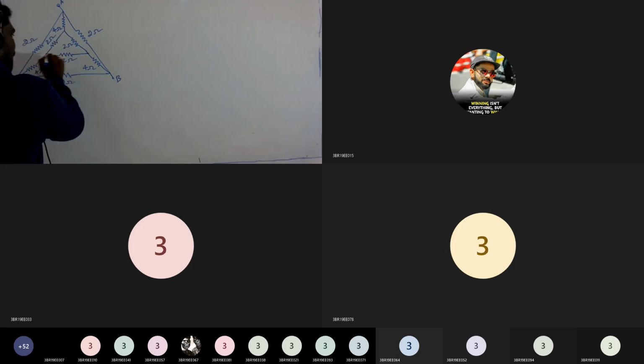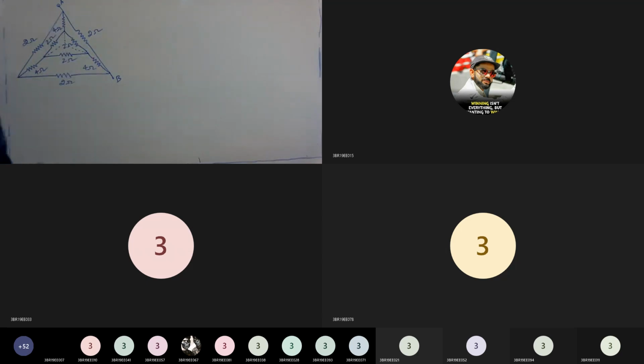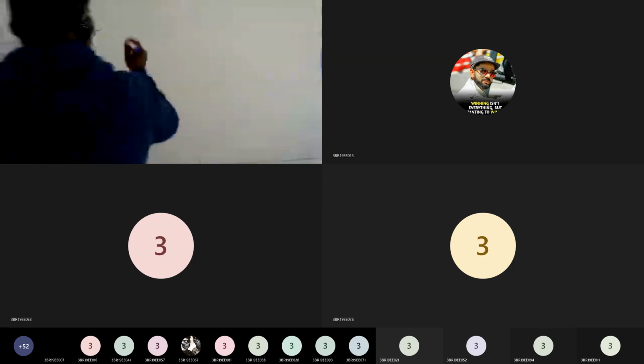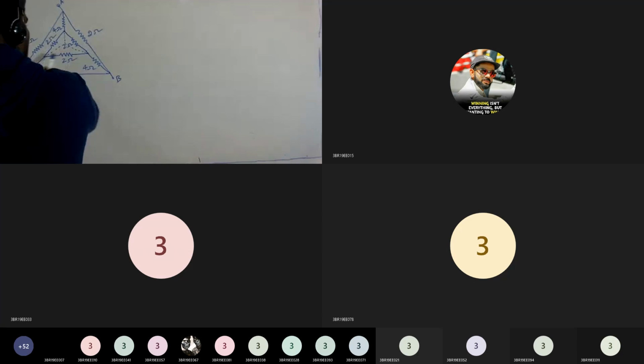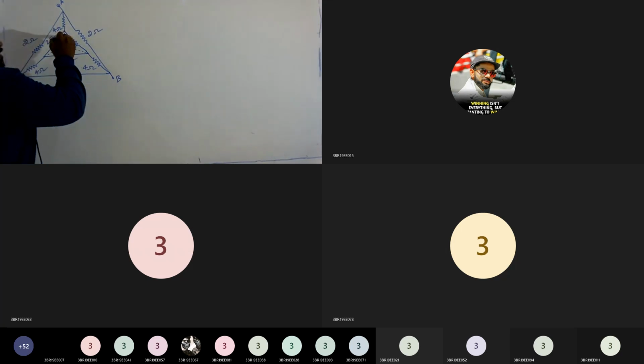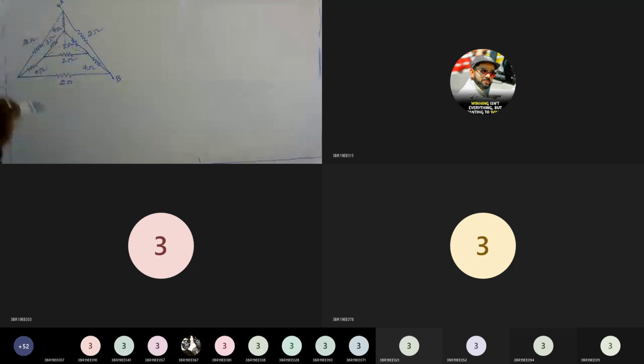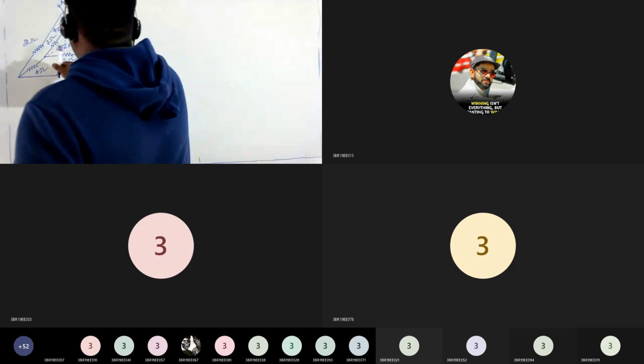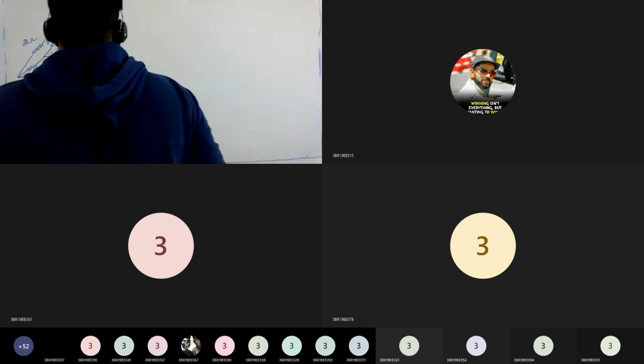If I transform this inner delta network to star like this, analysis is very important. Then this 4 ohm resistance will come in series with this branch. Also, another 4 ohm resistance will come in series, so there is a reduction possibility. So let us convert this inner delta to star.